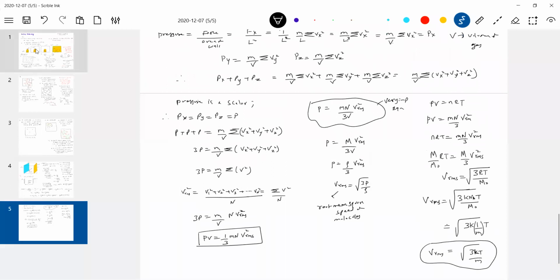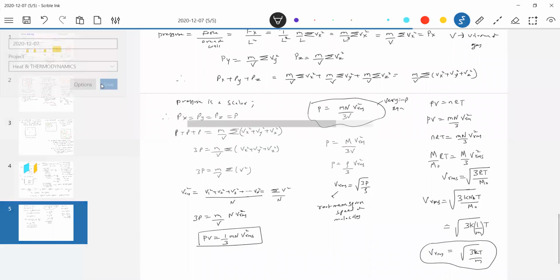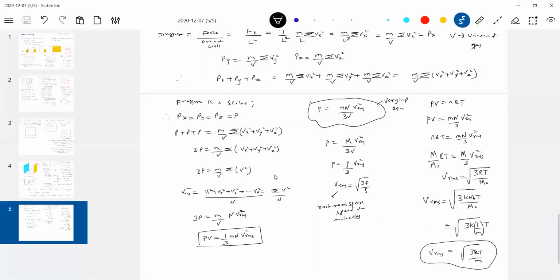And now, the very first question a student will ask is, so what is RMS speed? Anybody? Because you know in chemistry. Tell me what is the RMS speed? Sir, root mean square. Okay, fine.